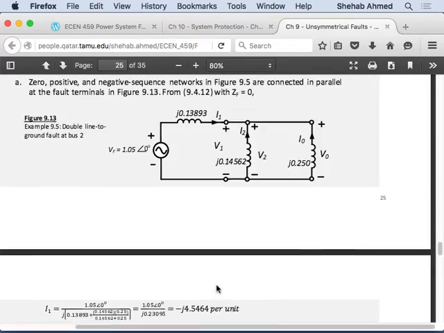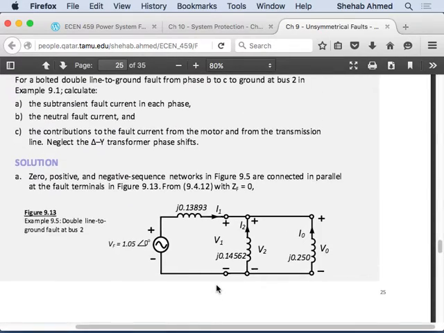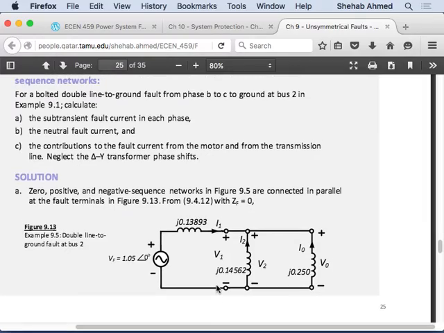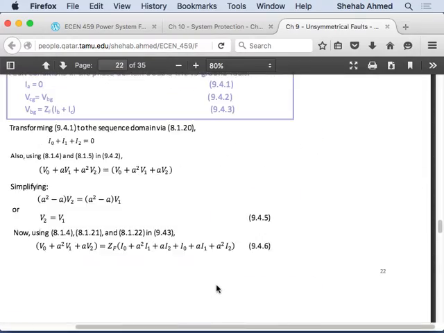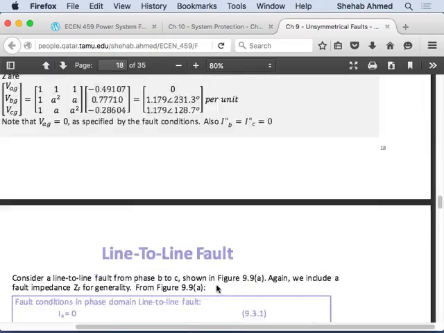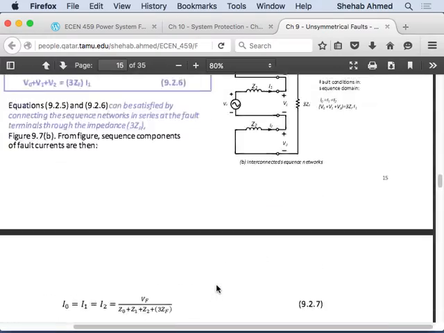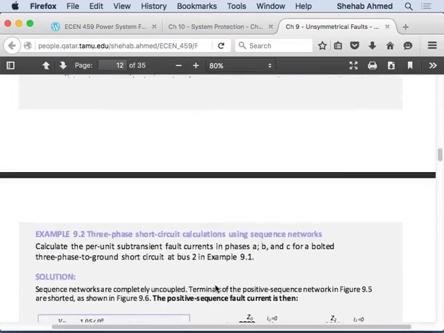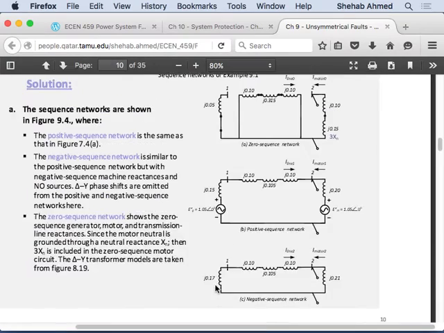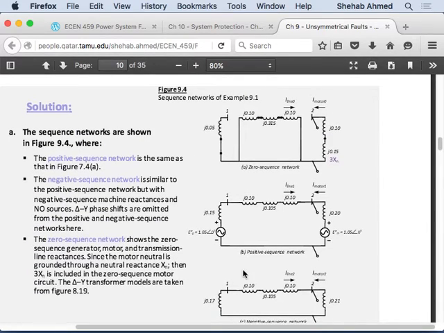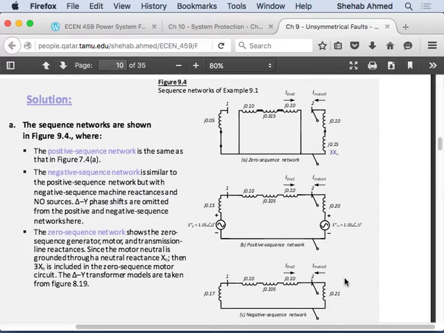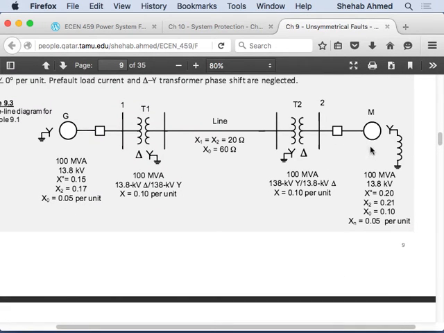So we go back and look at our original circuit. Let's go back here. This is our original circuit, right? Our original circuit had a motor here and a transmission line here.